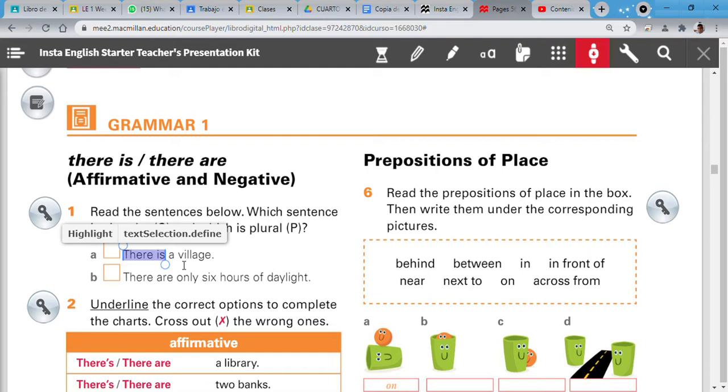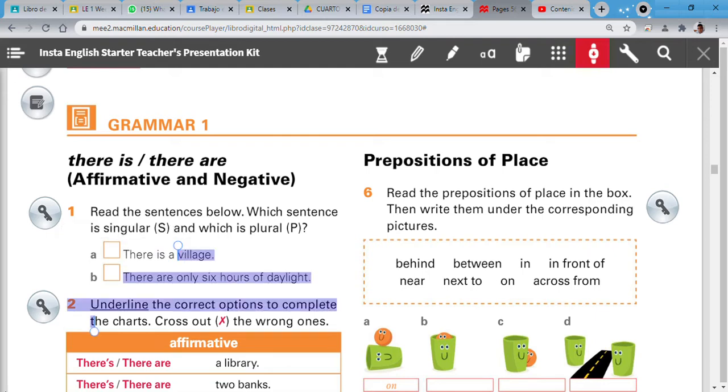Okay, there are. When you use there are, it is for plural, so in letter B you write P. There are only 6 hours of daylight. 6 hours. Check this part: hours.